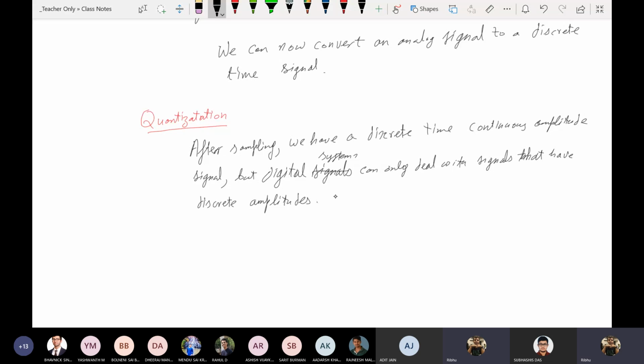So we want to discretize. Sir, just a slight detour. Sir, in that PLL, the phase lock loop slide, we had the phase to be continuous as well, and we were trying to bring the phase error to zero.